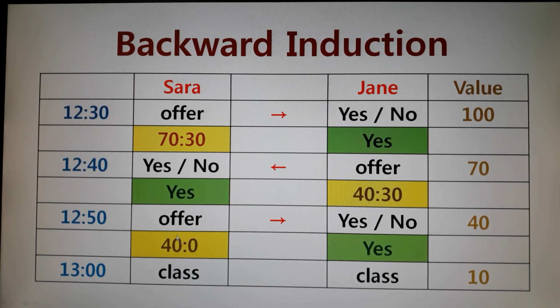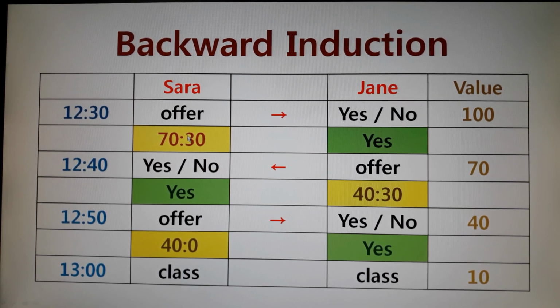So this 40 came from this 40. So offering 40 out of 70, Jane gets only 30. Here, Sarah would say, if I say no, I go on and get 40. If I say yes, 40 right now, why not? I cannot gain anything by saying no. So yes. Knowing this, Jane will get 30 at 12:40.